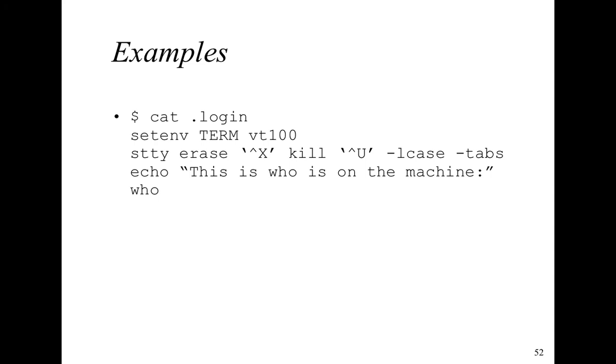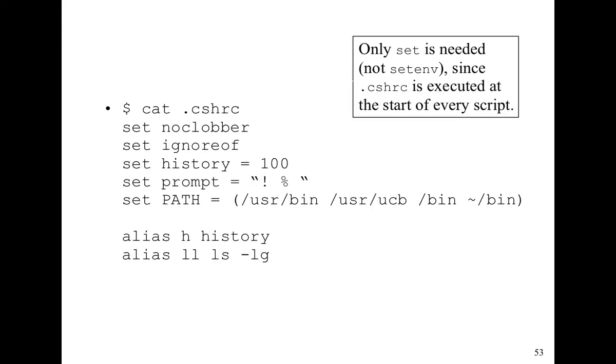Echo, this is who is on the machine. Print that out. Go who. So only set is needed, not setenv, for the login script.